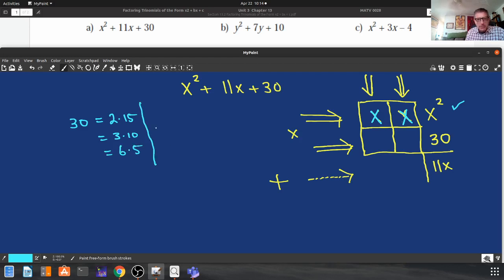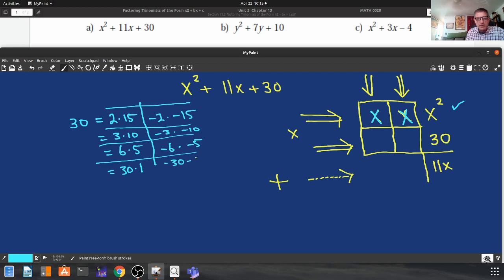But it's also going to be important that that's not all of them. Of course, 30 is equal to 30 times 1. But we actually have to consider all factors. 30 is also equal to minus 2 times minus 15. 30 is also equal to minus 3 times minus 10. 30 is also equal to minus 6 times minus 5. 30 is also equal to minus 30 times minus 1.